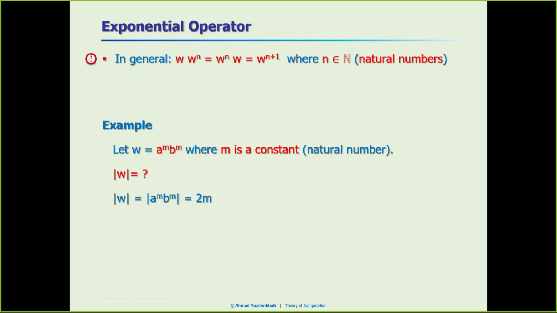Okay. Now let's turn to some interesting things. So we have some special cases. What is W to the 0? So W is a string. Remember that. And with the knowledge we got so far, what is W to the 0?